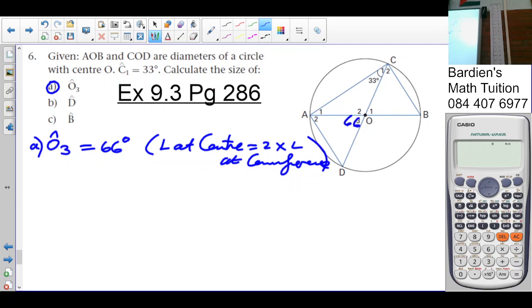What did you see, the angles opposite equal sides? So you first say that A1 is 33, angles opposite equal sides, radii. Then you say O3 is equal to 33 plus 33 or 2 times 33. Why? Exterior angle of triangle is equal to sum of the two interior opposites.